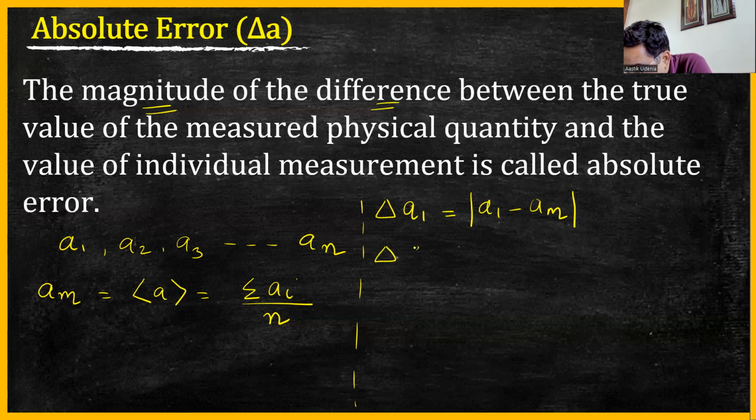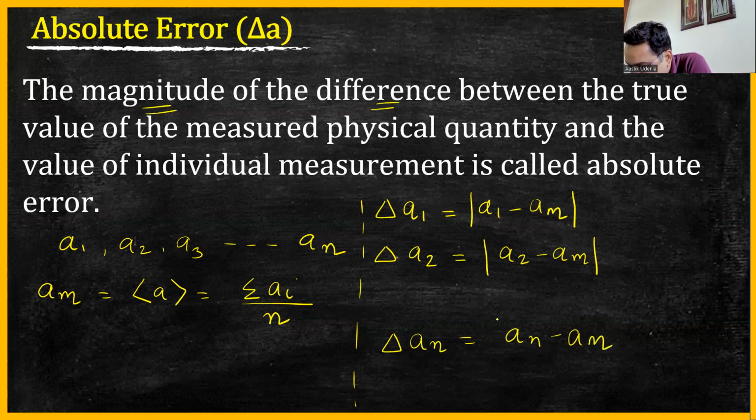Similarly, what will be delta A2? The absolute error in the second reading will be equal to the mod of A2 minus A mean, or A average. Similarly, I can have the error in the nth measurement, the mod of An minus A mean.